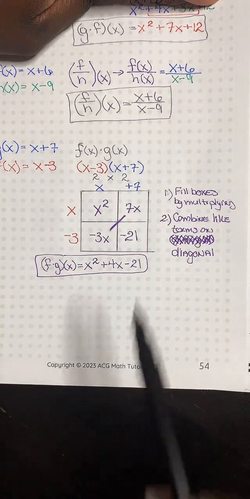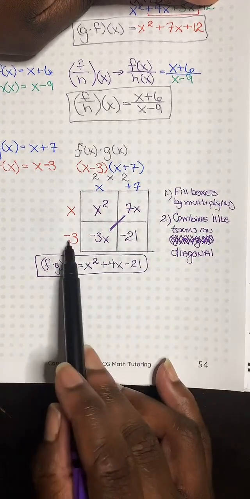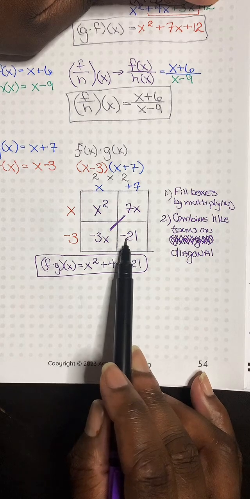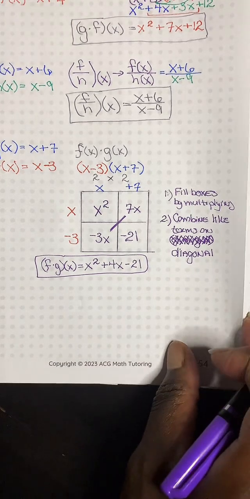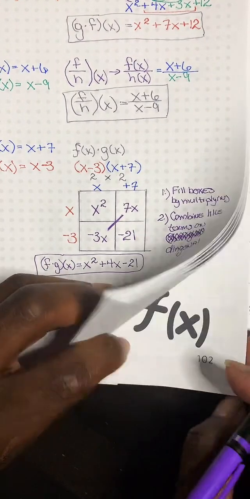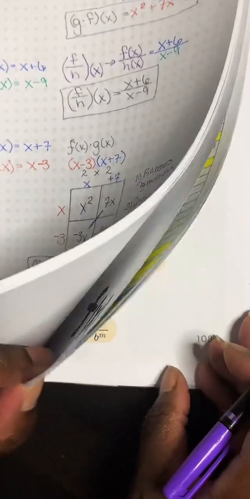Why a minus 21? Because a positive times a negative will give me a negative. So it's like one of our rules of integers.